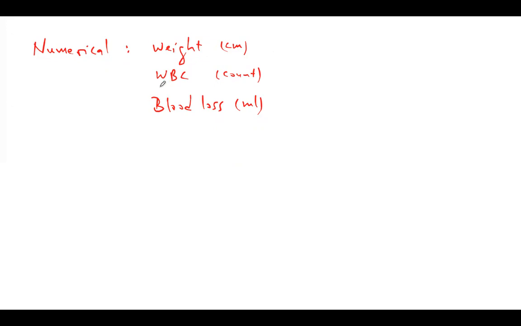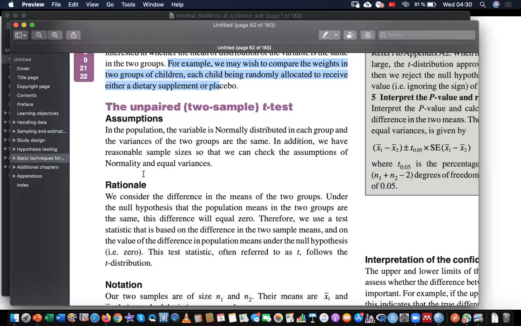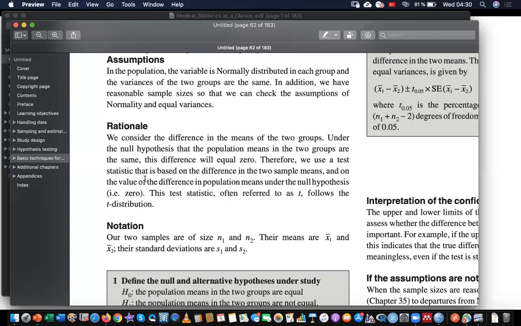We want to compare the white blood cells between two patients using two kinds of medications. We want to compare the blood loss between two different surgical interventions, laparoscopic intervention and, let's say, open surgery.